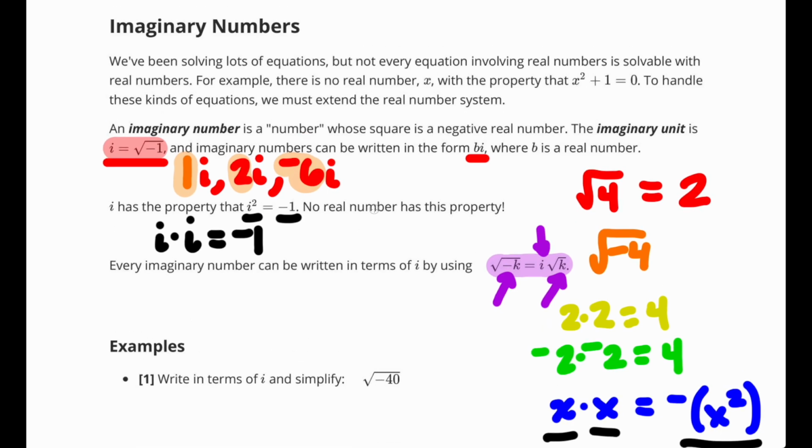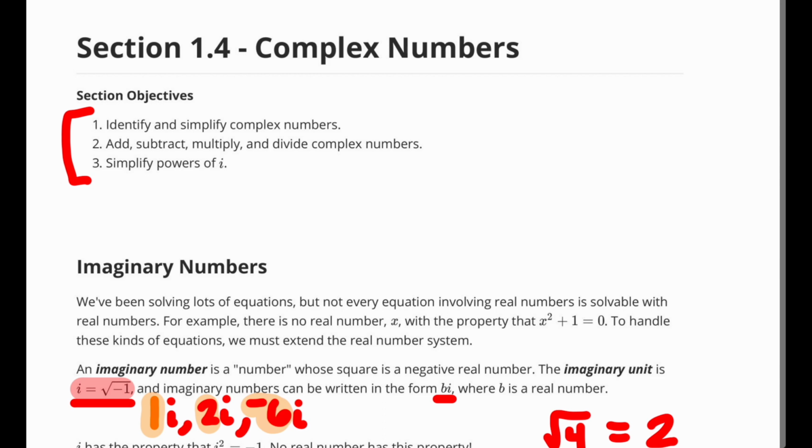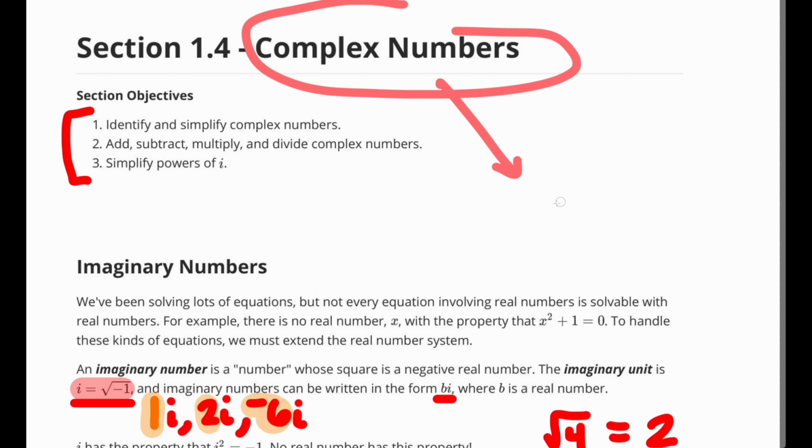A lot of this stuff with imaginary numbers, you kind of need to see it in action to make sense of it. So that's actually what we're going to do now. And it is really important to go back to what we talked about originally with complex numbers. By definition, what a complex number is, so I'm just going to circle this and put this over here. A complex number is anything that can have this format where it's a, and a can be any real number, plus b, also any real number, times i.